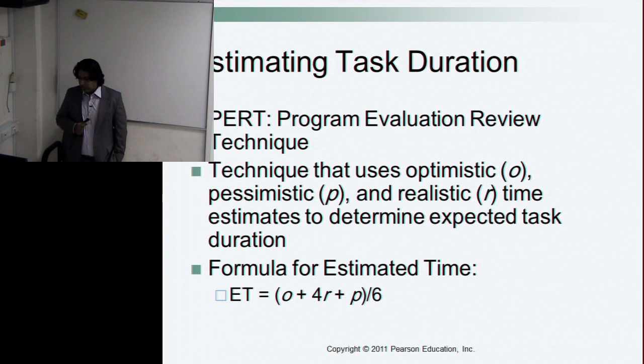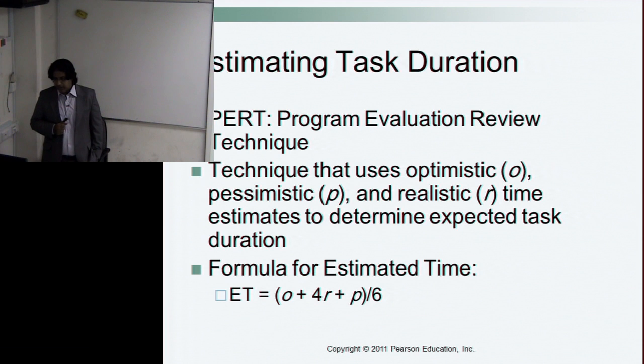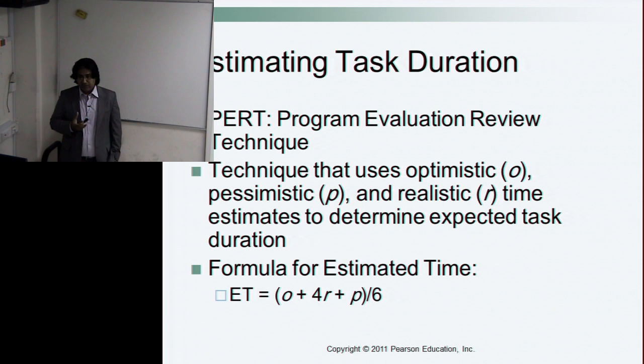So today we are going to see a technique, the program evaluation review technique. It is a technique that uses optimistic, pessimistic and realistic time to determine the expected task duration.